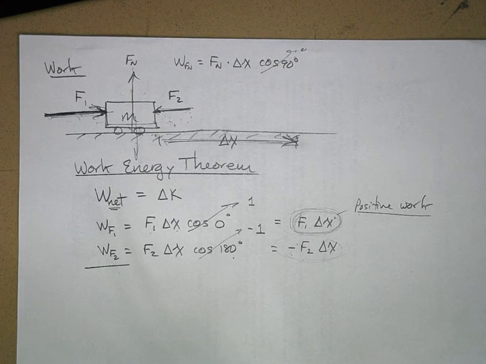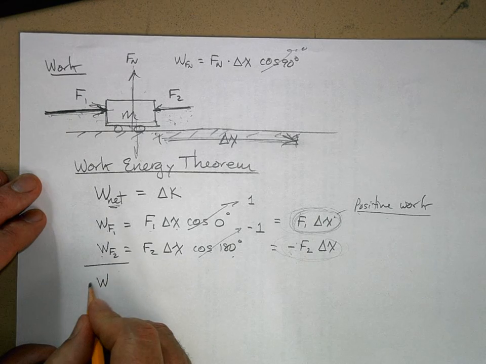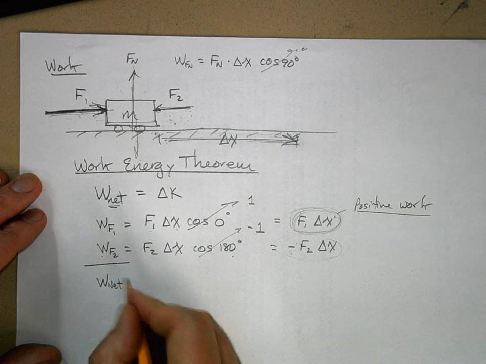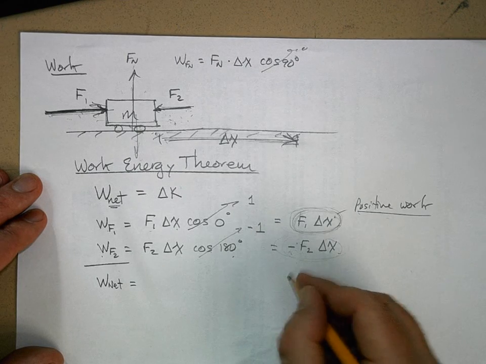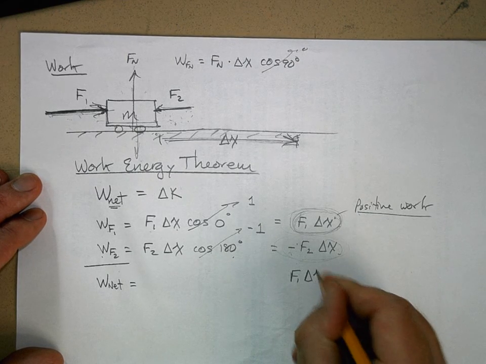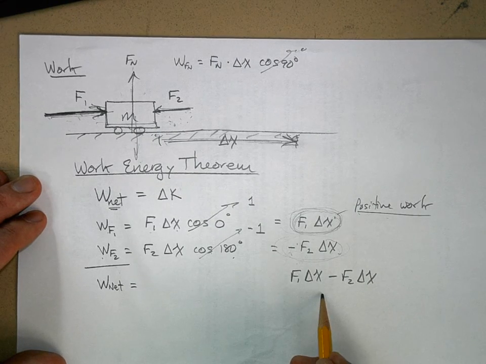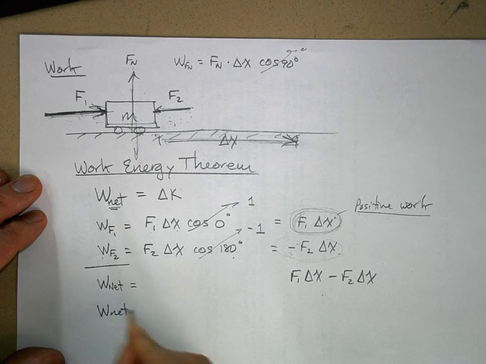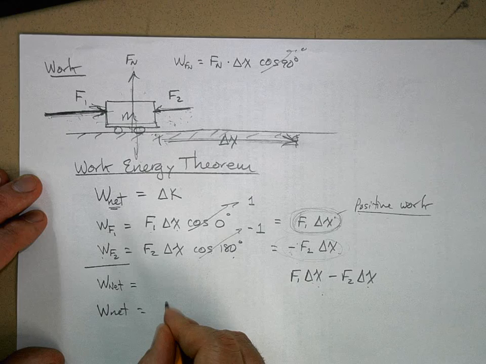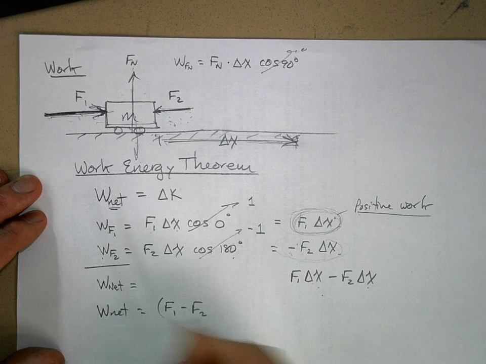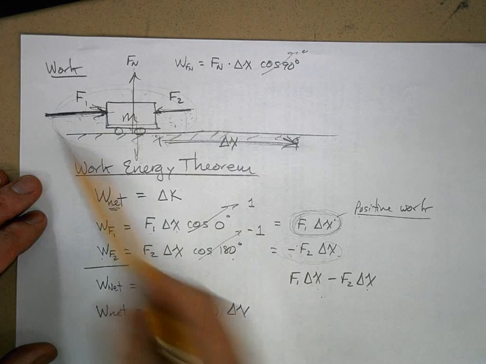Well, the net work done is the sum of these. So this work plus this work is the net work done. And what's that equal to? Well, let's add this. It's going to be F1 times delta x minus F2 times delta x. Well, we can factor out the delta x. That's going to be F1 minus F2 times delta x, isn't it? But look at this kind of a free body diagram I've drawn there.